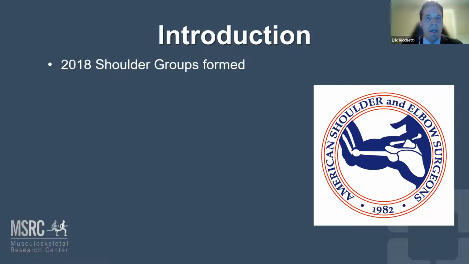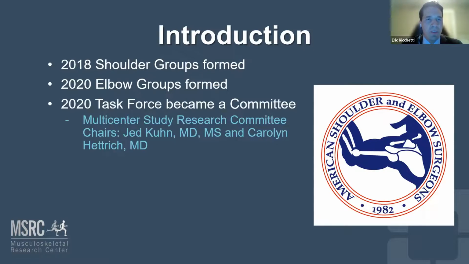In 2018, the shoulder groups were formed, followed in 2020 by the elbow groups. Because of the early success of these groups, this task force has become a current and permanent committee, and Jed and Carolyn are now the co-chairs of the Multi-Center Research Committee.